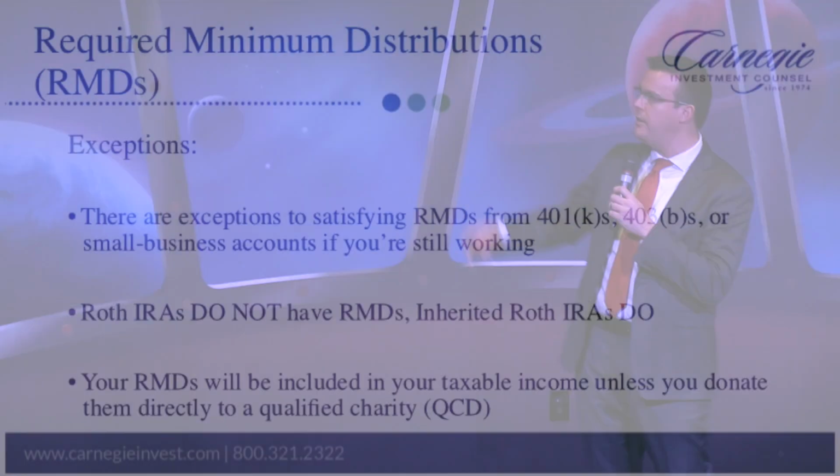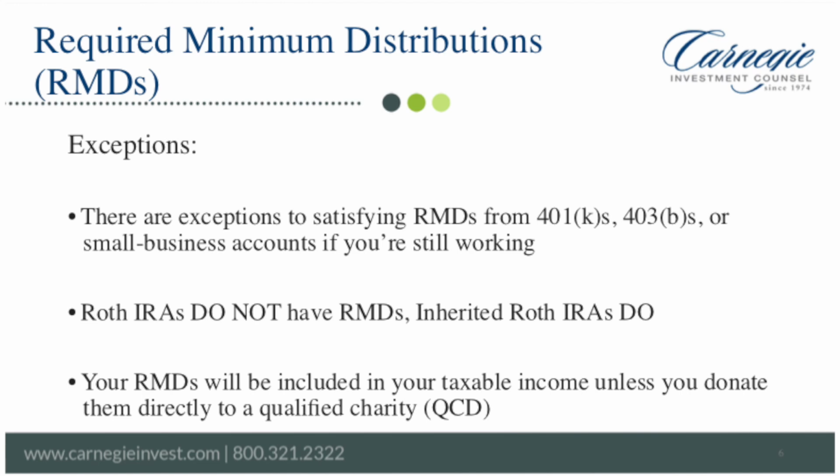The last bullet point here: required minimum distributions will be included in your taxable income unless you donate that money to a qualified charity. That is a strategy that some people will deploy on their retirement accounts.